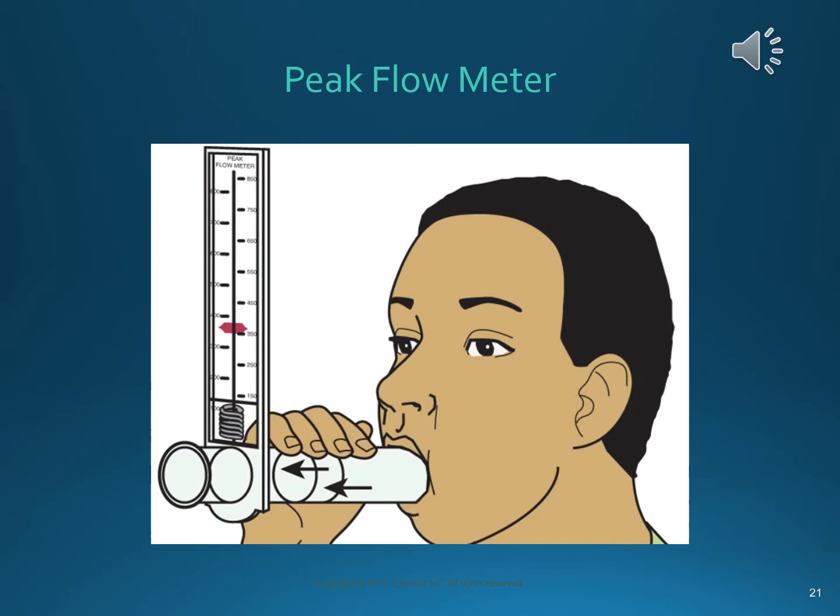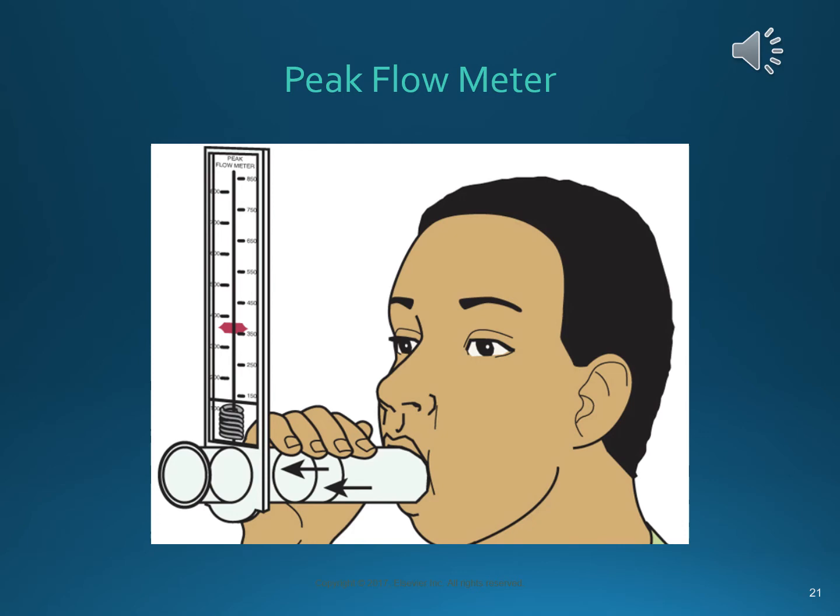A peak flow meter has to do with the amount of air that you are exhaling, much like I talked about with the spirometry, your forced expiratory volume. And so it is, as I mentioned, an indirect measure of bronchospasm, because if you are tight, you're not able to exhale as much air as quickly.